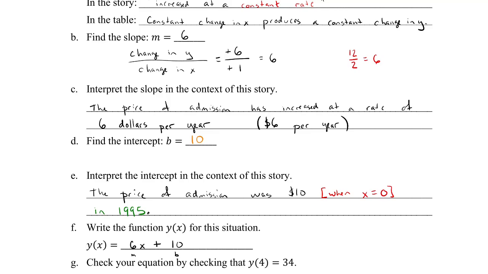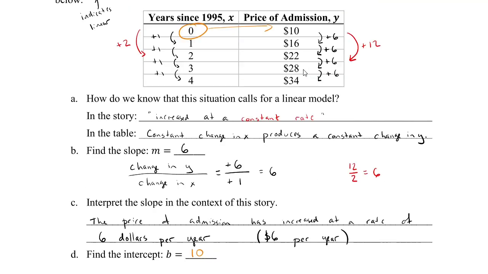Next, I'm going to check that that equation is correct by making sure that y of 4 equals 34. Why y of 4 equals 34? Well, looking back at the table, input 4 gave us output 34. And we didn't really use that in coming up with our equation.